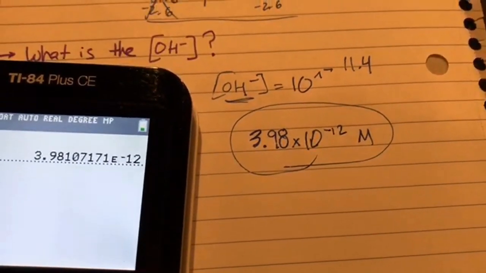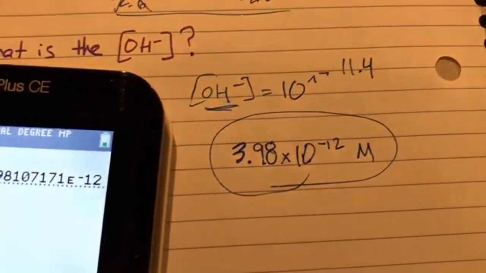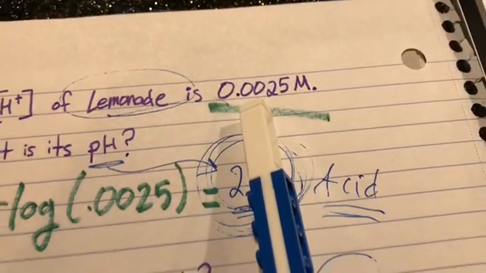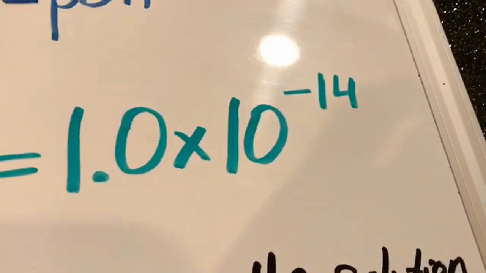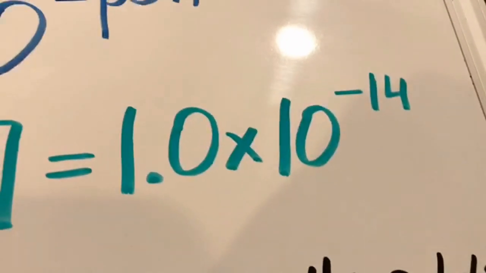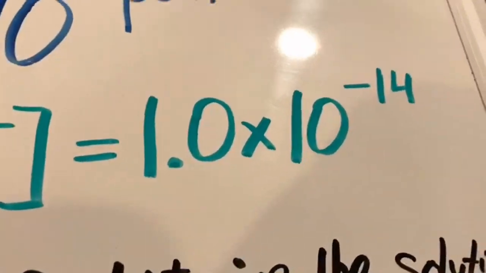If you wanted to, you could multiply this OH minus molarity and this H plus molarity. You should get that. By should, I mean you pretty much are going to get that. It's just how it works.